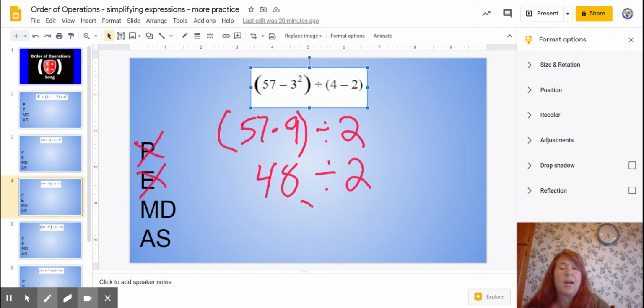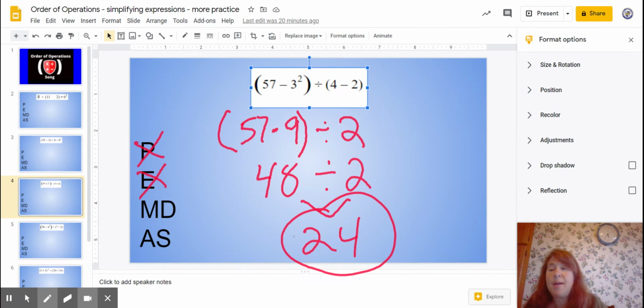So to come up with my final answer, I'm going to pull up my calculator. I'm going to type in my problem. I'm going to say 48 divided by 2 is 24. And 24 is the answer for that problem. Now, I am doing these problems out of order. So if you want to go back and check the work that you did, you'll have to kind of hunt and pick for the answers.